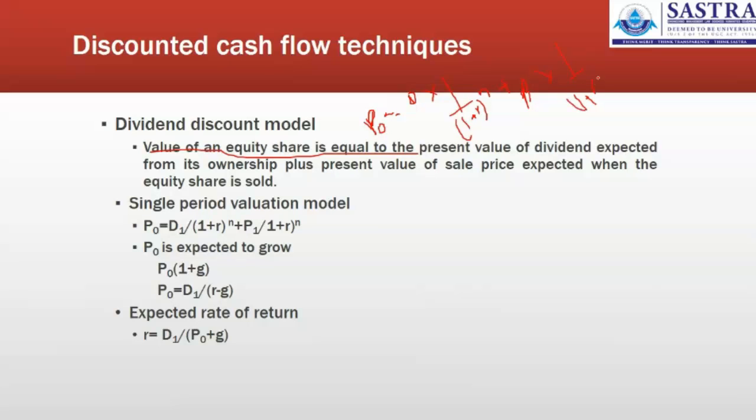Based on the rate of discount allowed, or the expected rate of return from the market, it is discounted, and we can know the value at which the equity shares are available in the market.